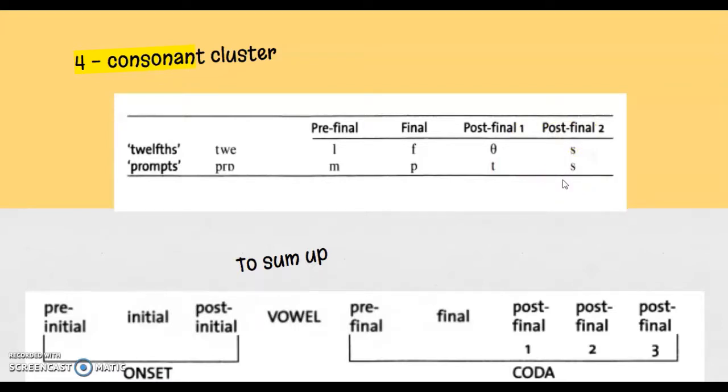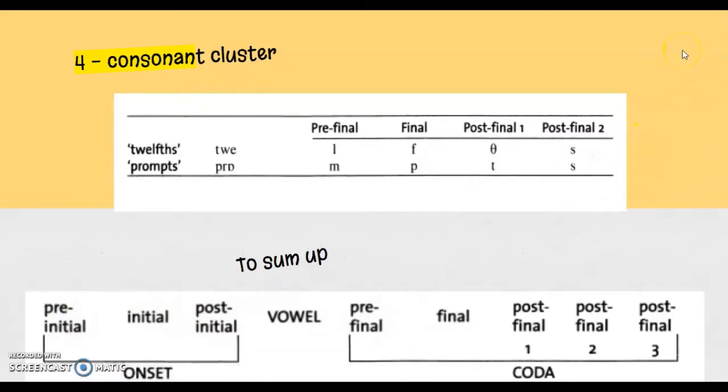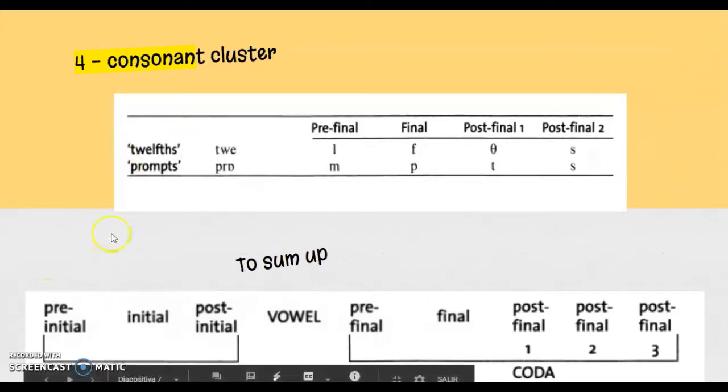So to sum up, we may describe the English syllable as having the following phonological structure. So you have pre-final. Please pay attention to this here.